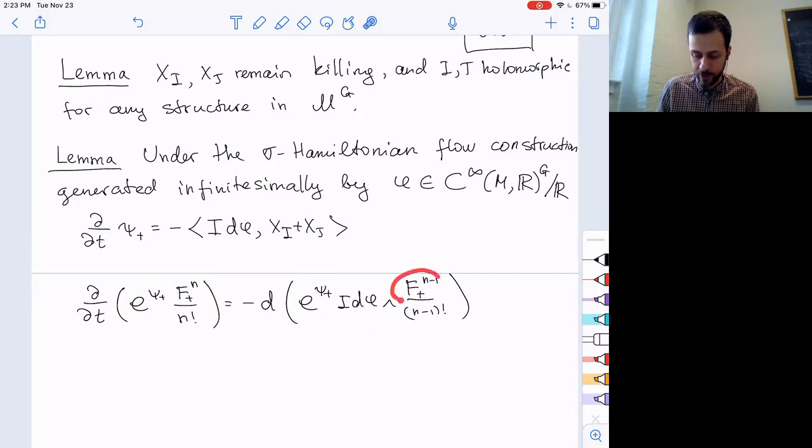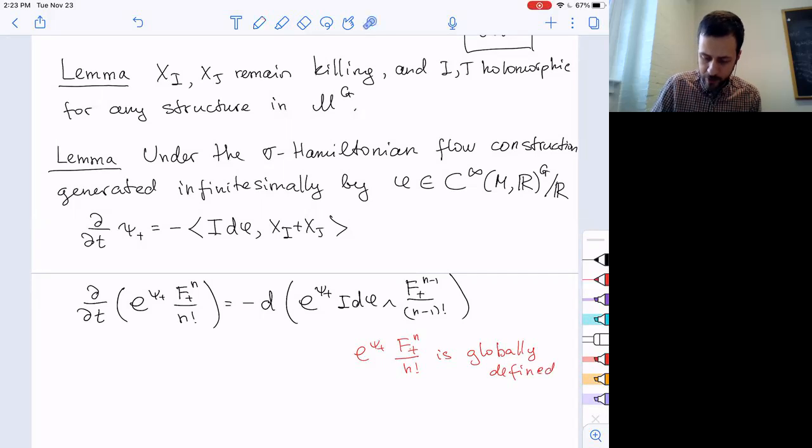Because remember, F plus is only defined where I plus J is invertible, and likewise psi plus, but the volume form e to the psi plus F plus is globally defined. Which implies that this quantity is also globally defined.